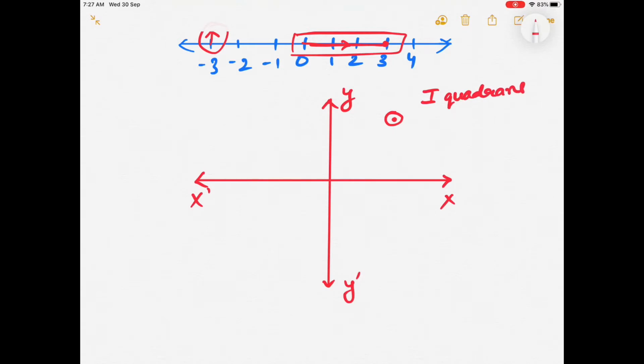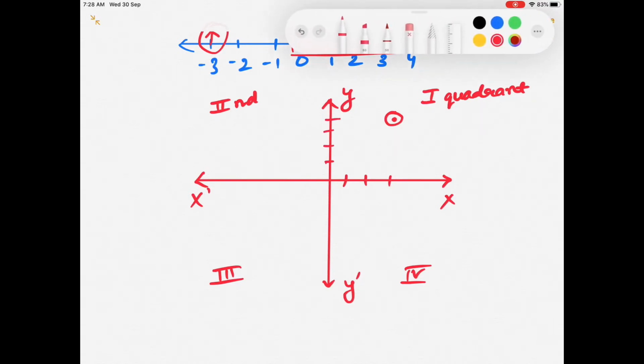These are called quadrants. This is our first quadrant, this is our second quadrant, this is our third quadrant, and this is our fourth quadrant.